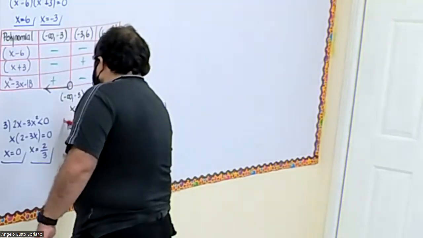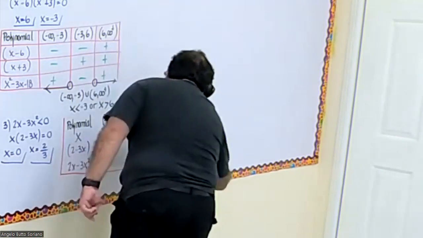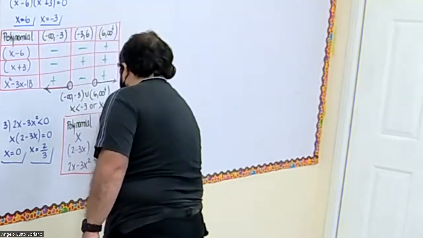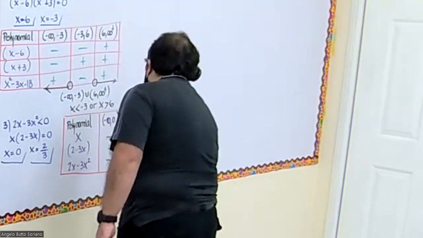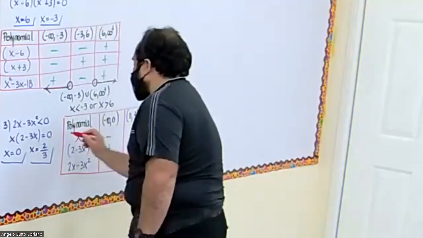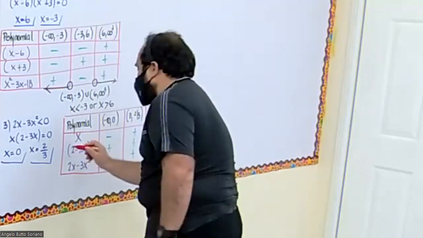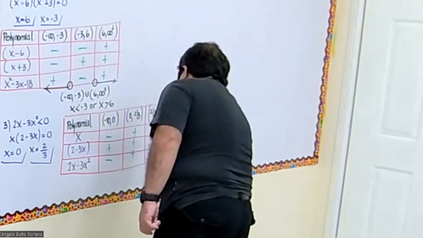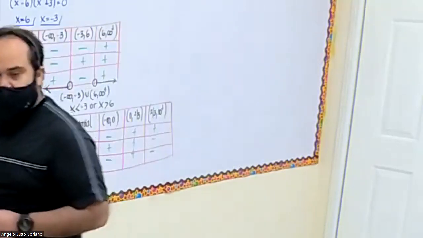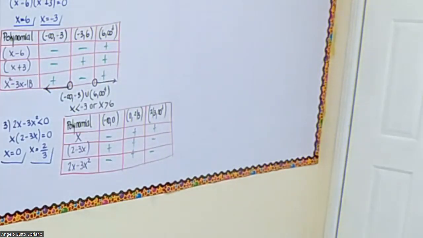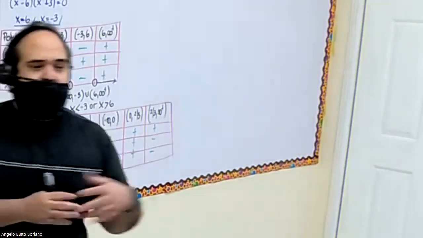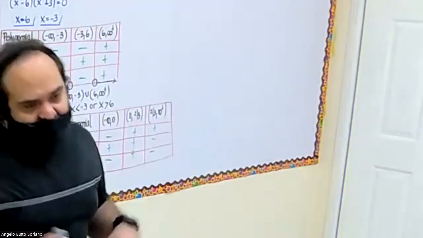So, let's begin. And because the problem in this case says less than 0, what numbers are less than 0? The negative, right?